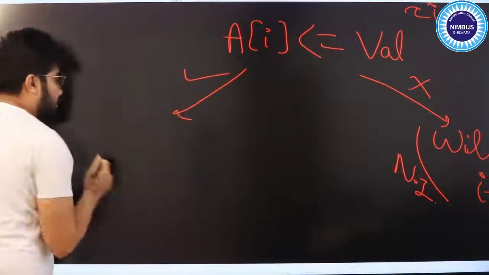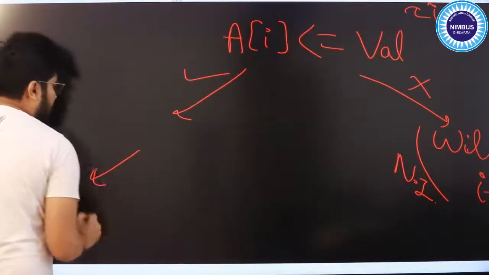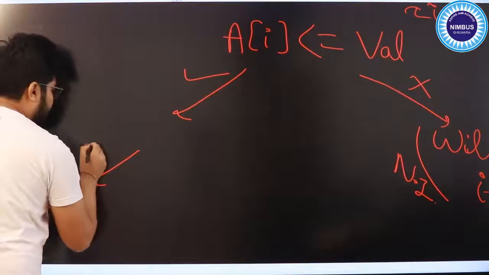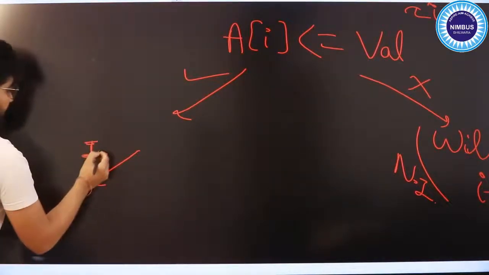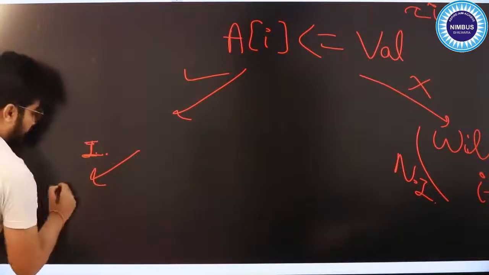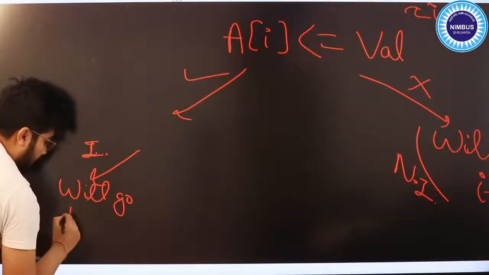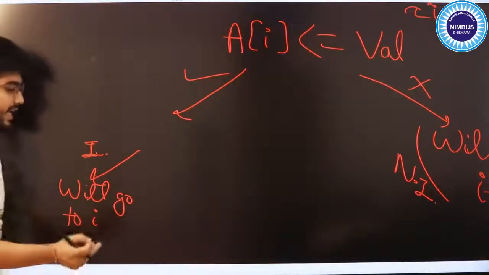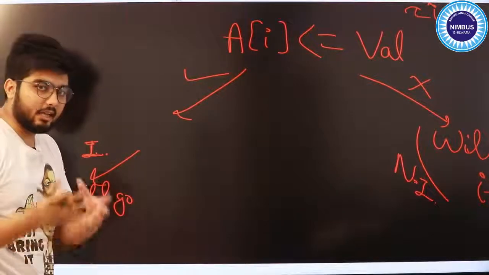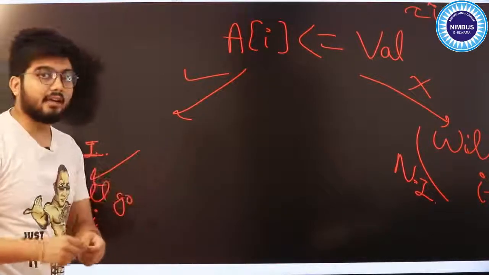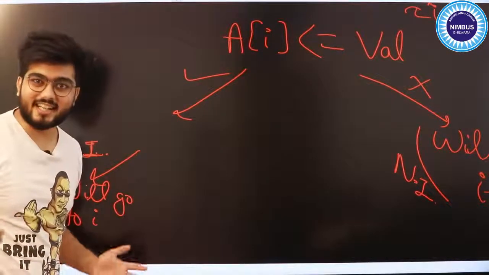Okay, so I'll write both the conditions. One condition will be to include, so to include or to give a change. I'll represent include with I, and in this case we'll stay at I. Why I? As I told you, for 10 rupees, if we are giving 5, then we'll reduce the value of val and we'll again check if we can give that particular denomination or not.